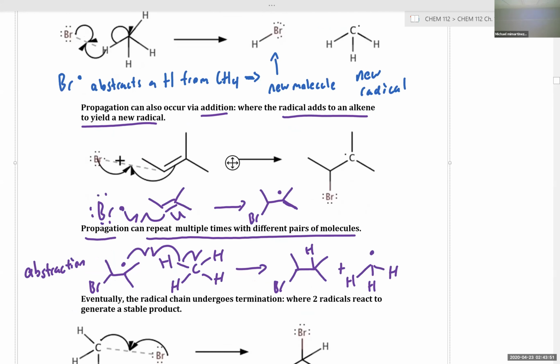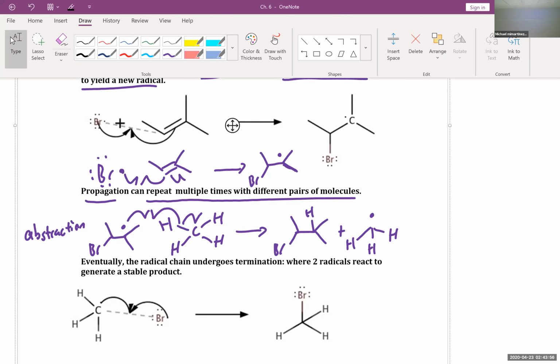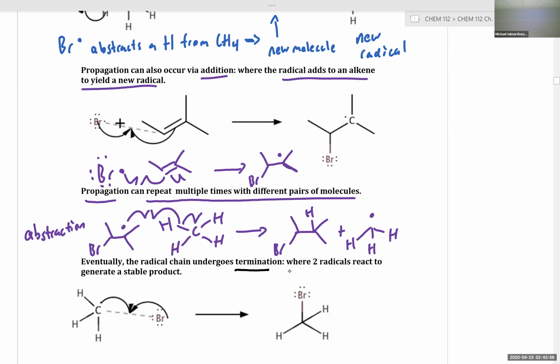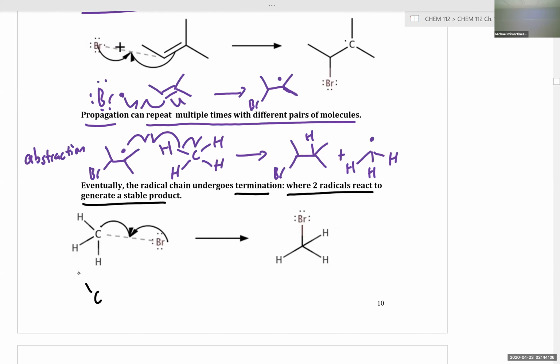Now, eventually, the radical chain process will undergo termination, where two radicals react to generate a stable product. So in this case, just to redraw it once again, we have our methane-based radical reacting with our bromine radical, one electron movement each to form a carbon-bromine bond.